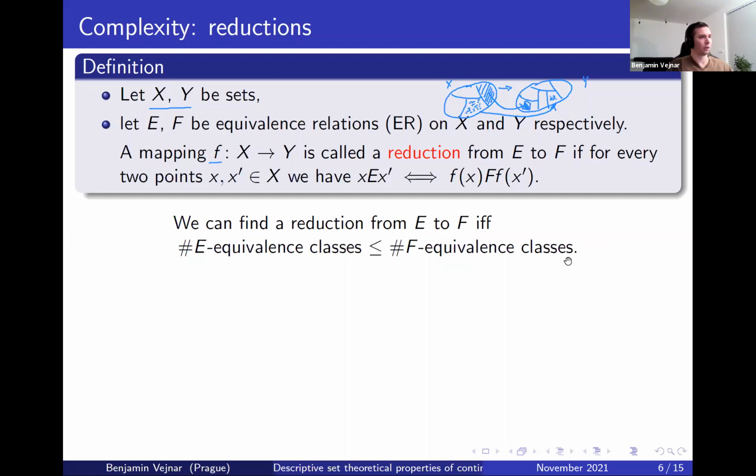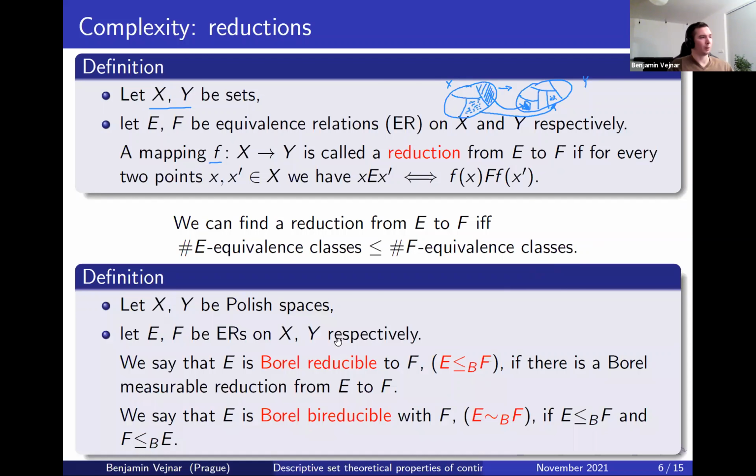Okay, so in what follows, we suppose that X and Y are Polish spaces. So let me recall that these are just completely metrizable, separable spaces. And we have E and F equivalence relations on X and Y respectively.